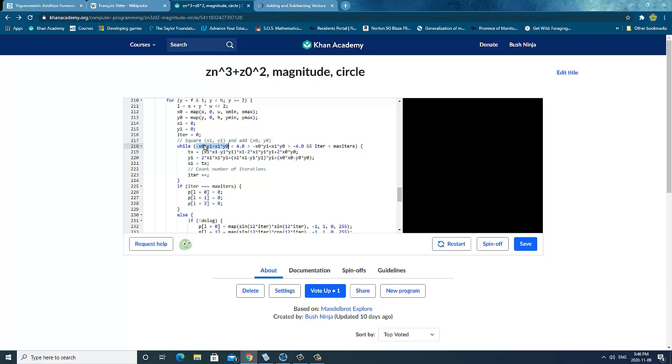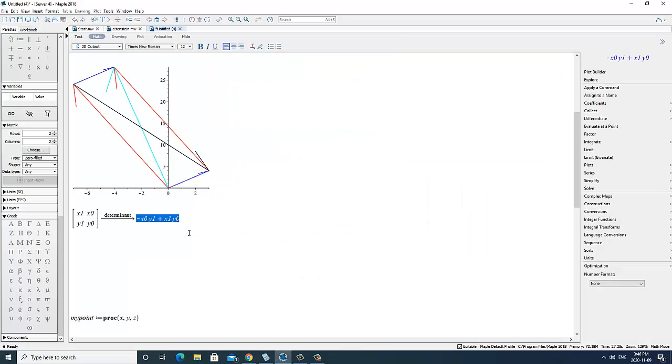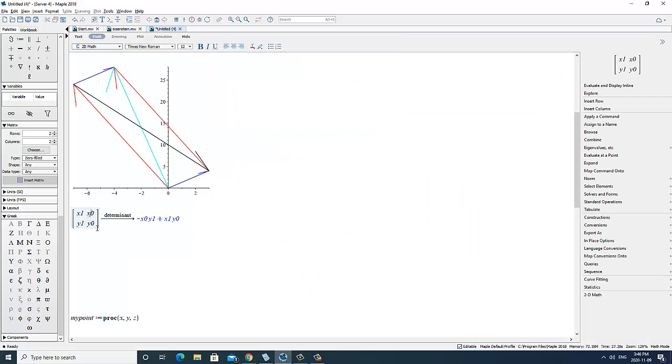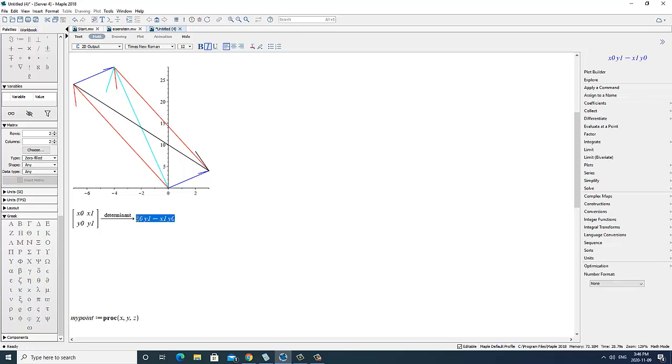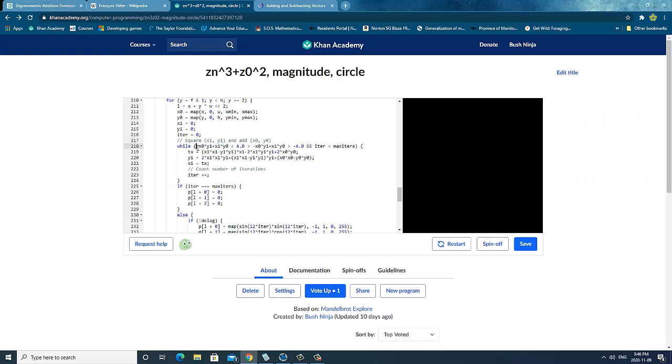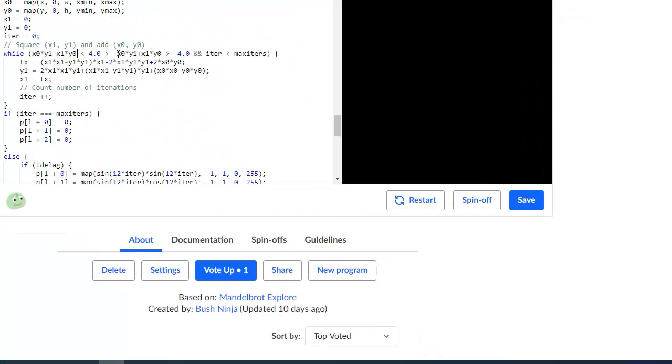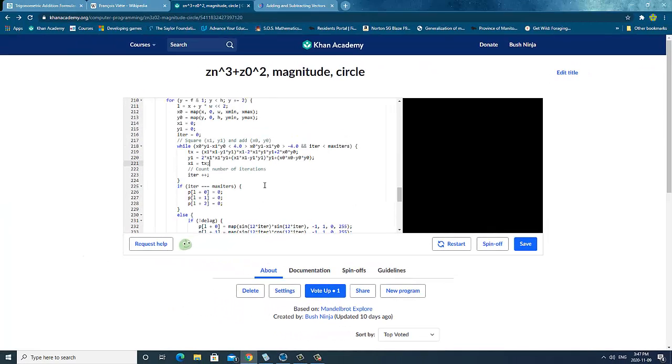That sounds right. Okay, that looks like a bug.